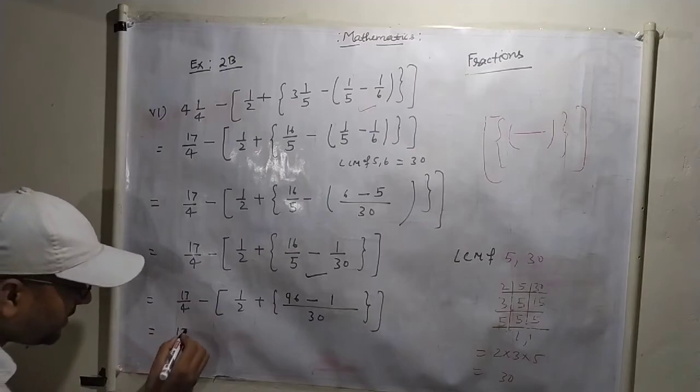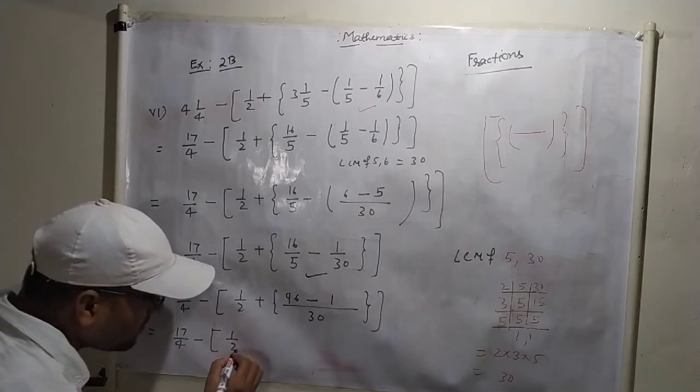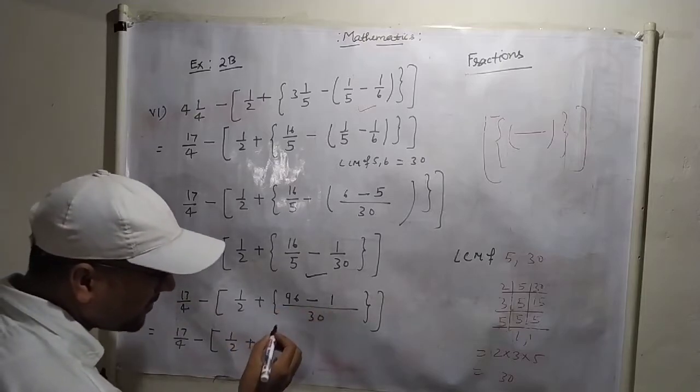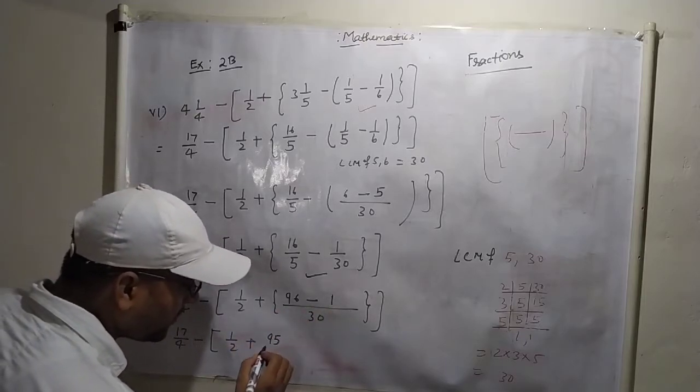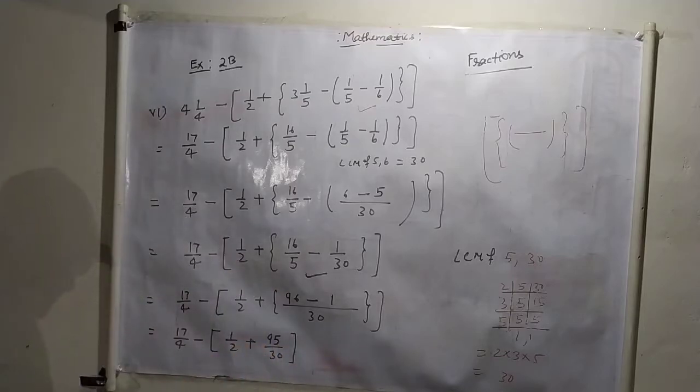Then 17 upon 4 minus square bracket, 1 by 2 plus, subtracting this, you get 95 upon 30. Close the square bracket. So the curly bracket has also been removed.